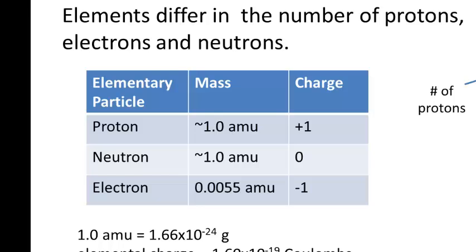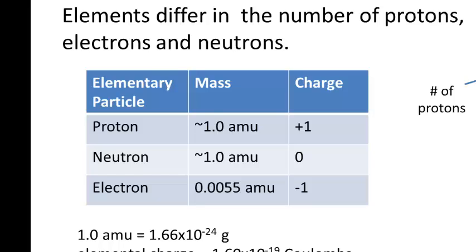An AMU is something called an atomic mass unit. It's just a unit that describes the mass of a particle this size. We'll talk more about that in a second. A neutron has about the same mass as a proton, approximately 1 AMU. But notice that an electron is much smaller. It's approximately 1/2000th of the mass of a proton or a neutron.